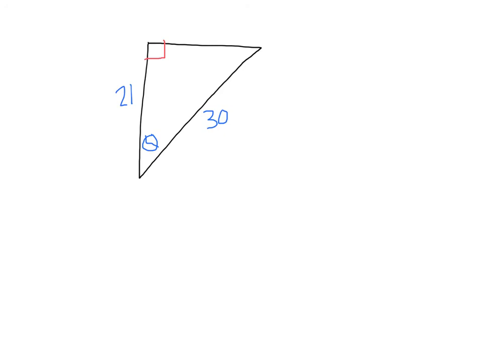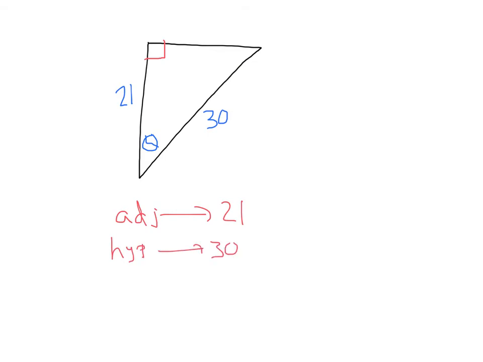Okay, moving on. In this triangle here, we have our two sides. We're actually trying to find what our angle theta is, but our process is going to be the same. So here's our important angle theta. I notice we have our adjacent side. So our adjacent is 21. We've got our hypotenuse right here. Our hypotenuse is going to be 30.